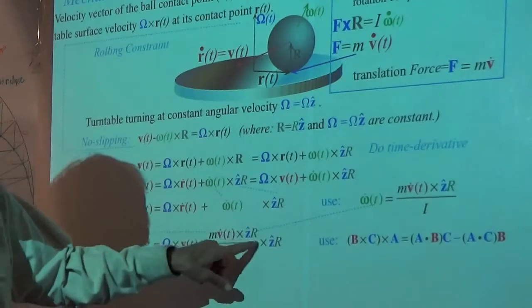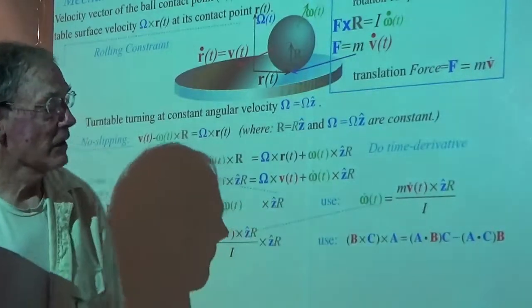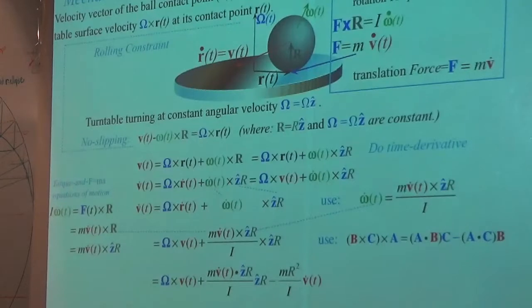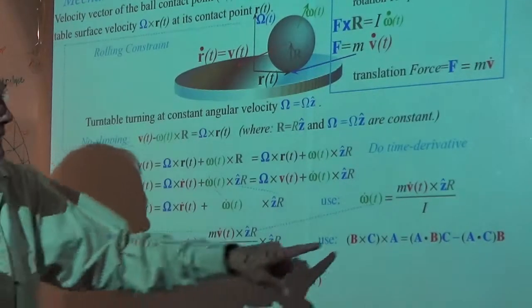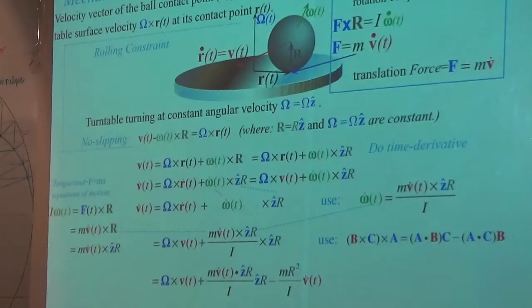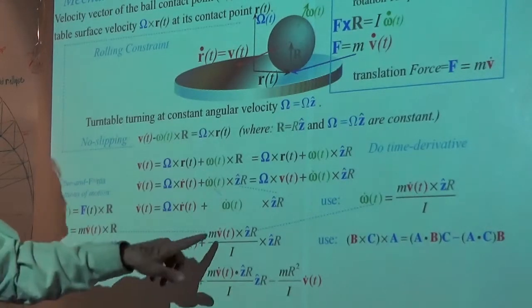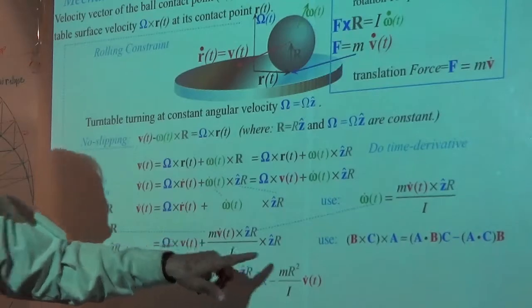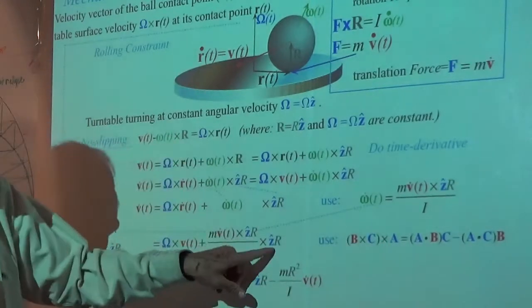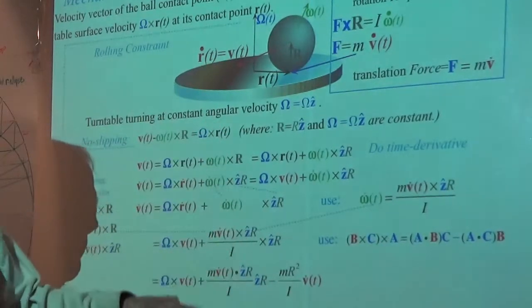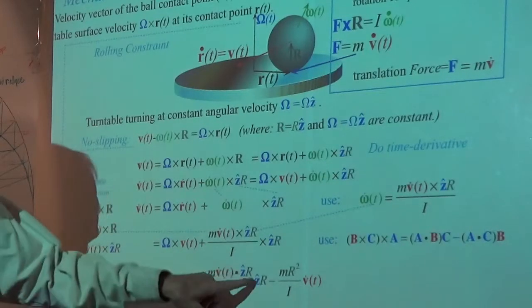Now I'm going to take this triple cross product apart with that identity. So here we have b being the v dot, and c and a are both the z-axis with a radius on it, so we get an r squared out of that.